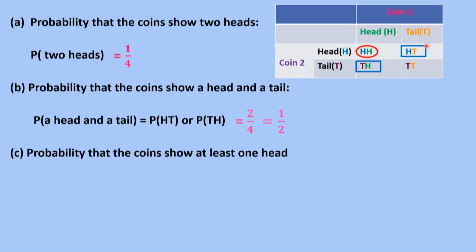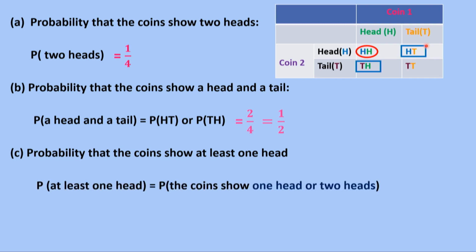Part C now. Probability that the coins show at least one head. What does it mean, at least one head? At least one head means minimum that I need is one head. I can have more than one head. And in this case, I can also have 2 heads.